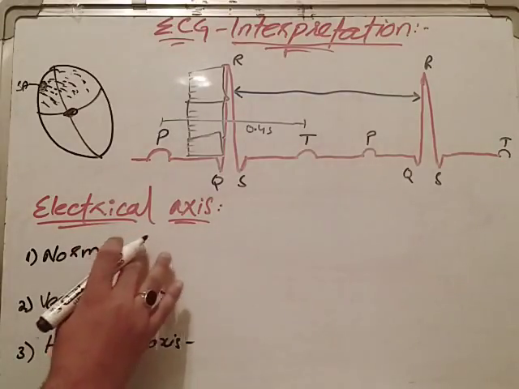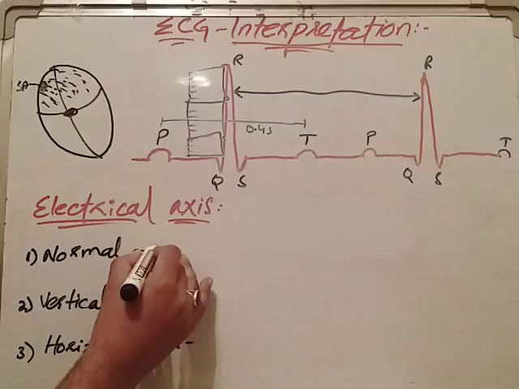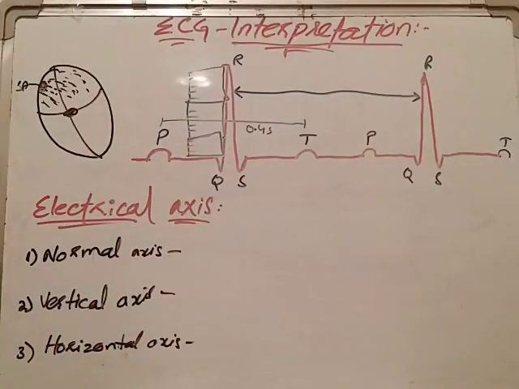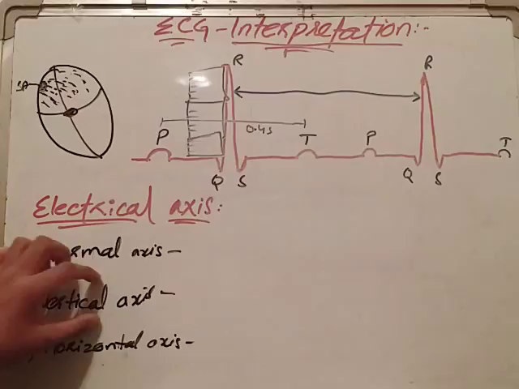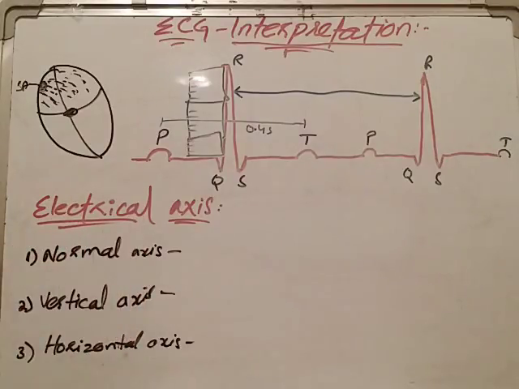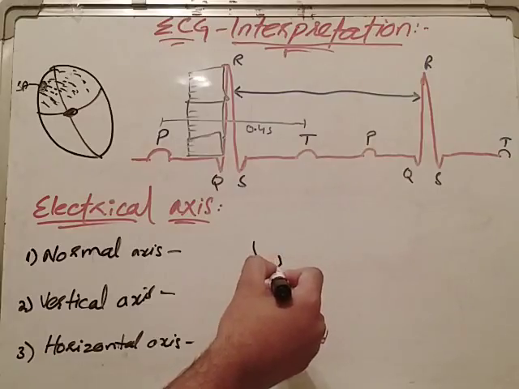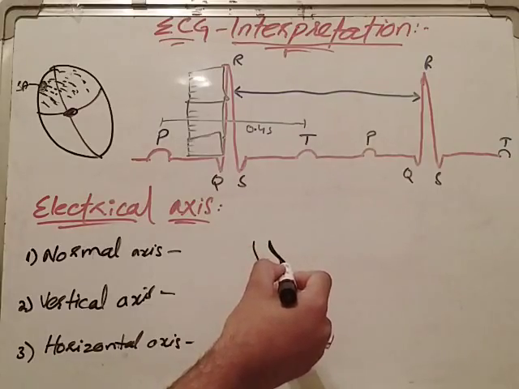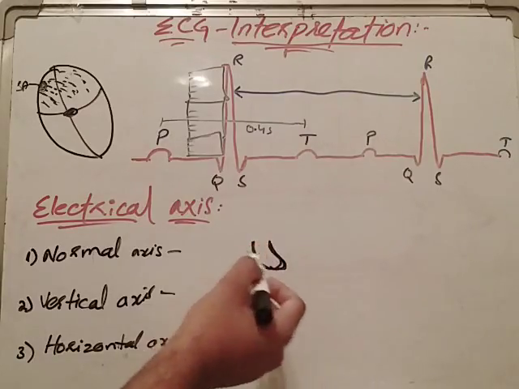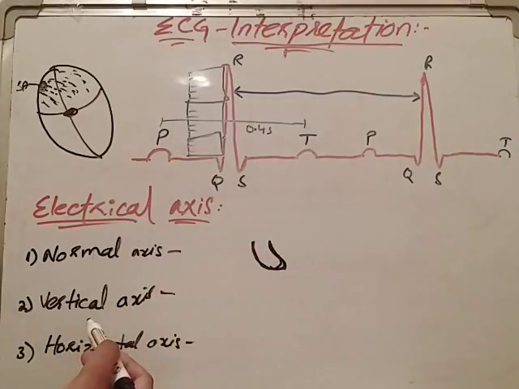In the normal person, the heart is normally placed in the middle mediastinum. In the vertical axis, the heart is in a somewhat vertical position, in the asthenic person, who will be thin and tall.